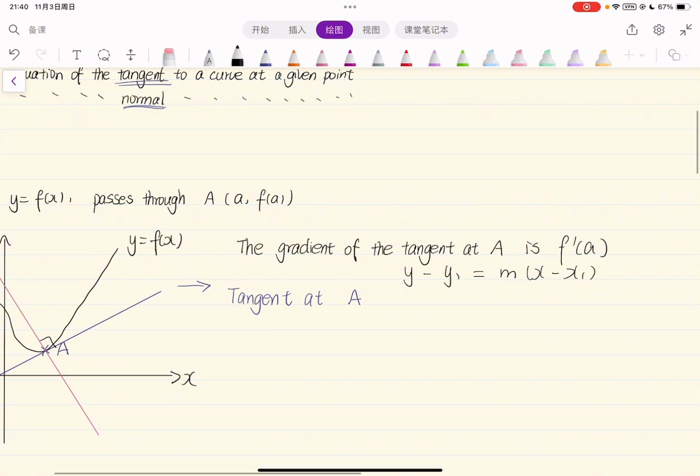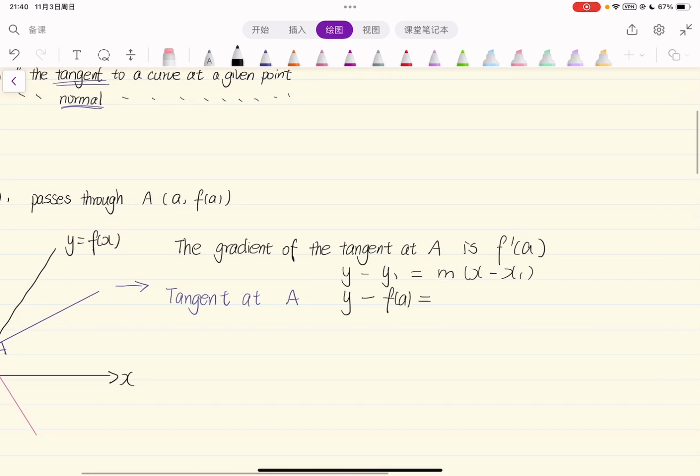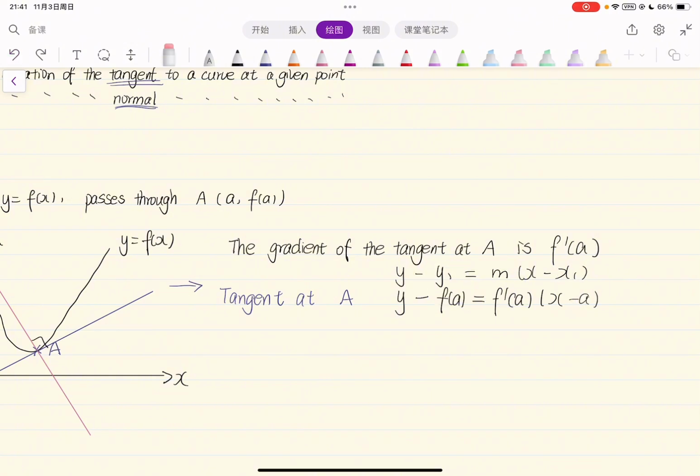So for the tangent, similarly, y1 equals f(a) and m equals f dash a, so we have y minus f(a) equals f dash a times (x minus a). We just need to substitute them. So we have the equation of the tangent at a given point.